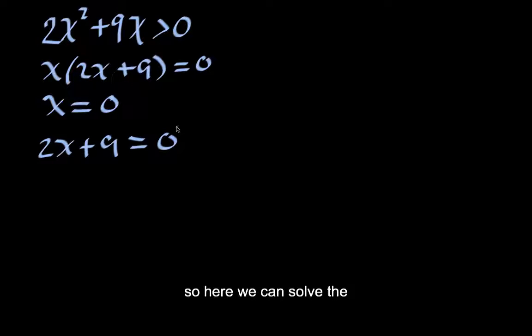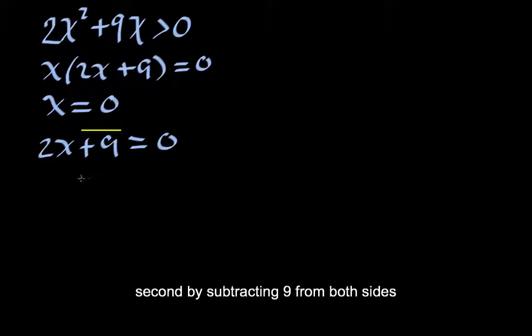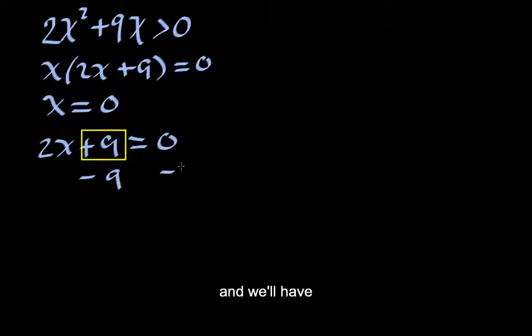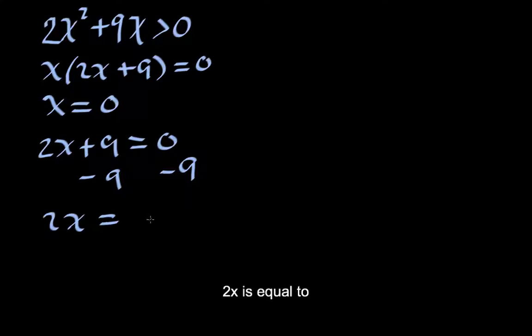So here we can solve the second by subtracting 9 from both sides. We will have 2x is equal to negative 9, and divide both sides by 2.